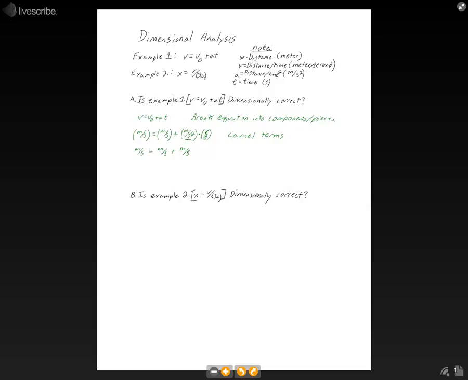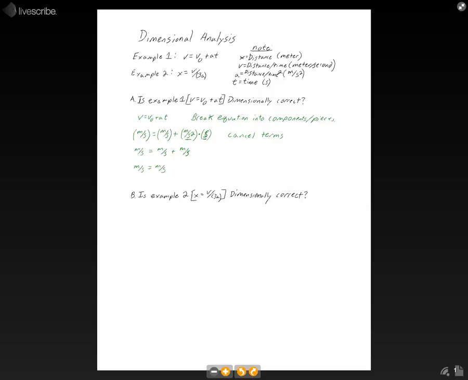Because the meters per second plus the meters per second are just being added, that does not change the dimensions of the equation. So basically, you are left with meters per second is equal to meters per second.